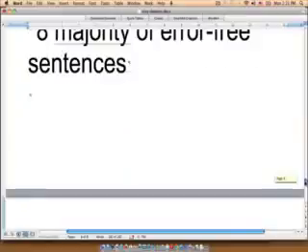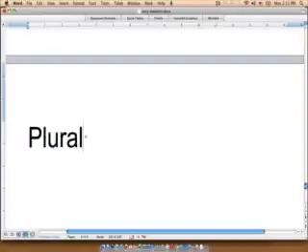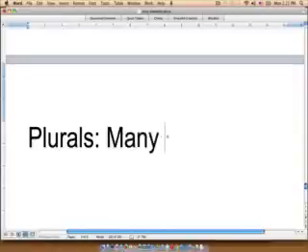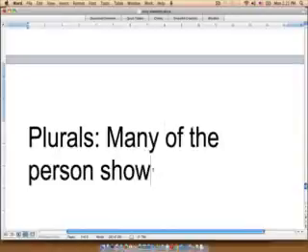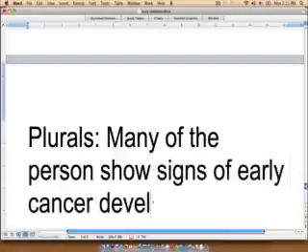Okay, now I want to share with you the most common grammatical errors that I see as an IELTS instructor. So the first error that I see all the time is with plurals. So students that write things like, many of the person show signs of early cancer development.